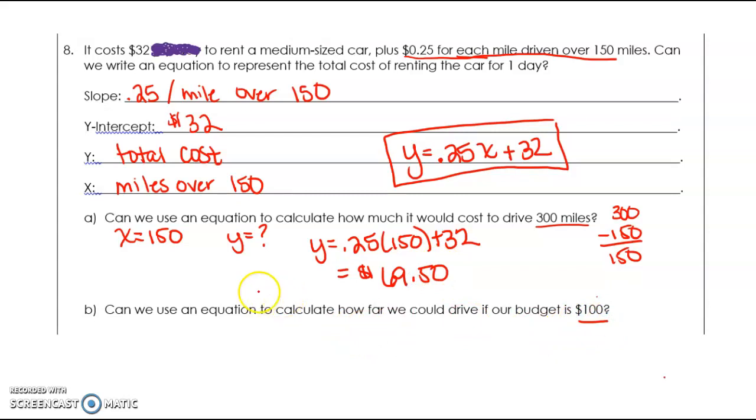Okay, what if I said, hey, I only have $100. How far can I drive? So I know my total cost is going to be $100, but I want to find out how many miles I can drive over 150. Okay, so I'm going to plug in 100 for my y.